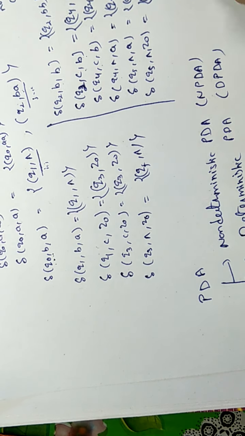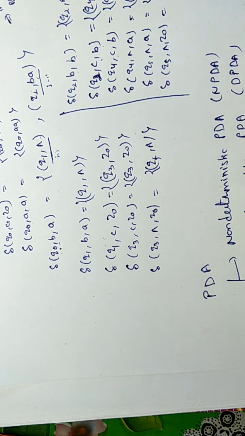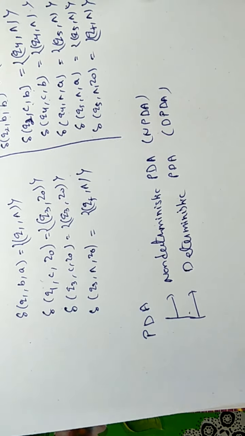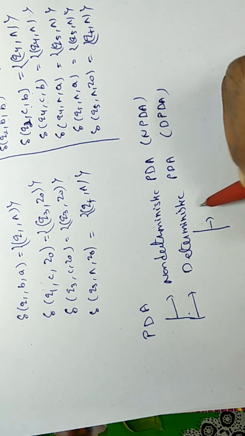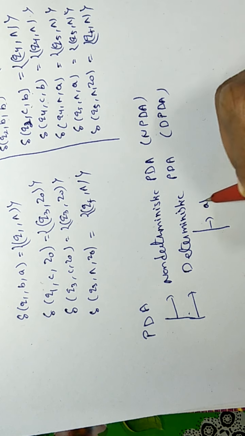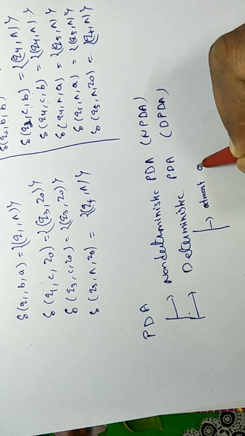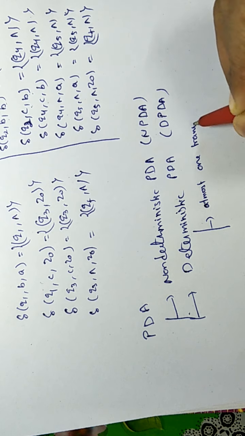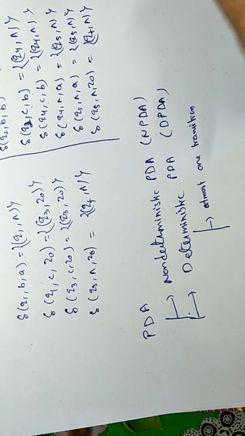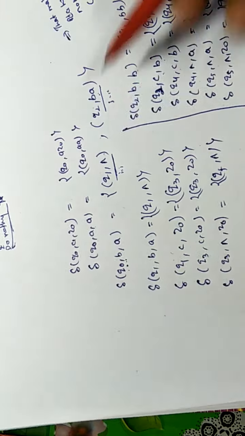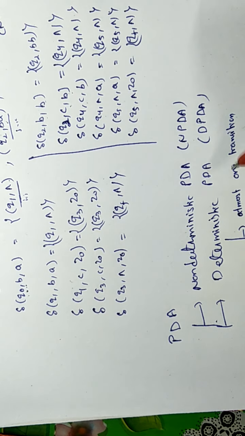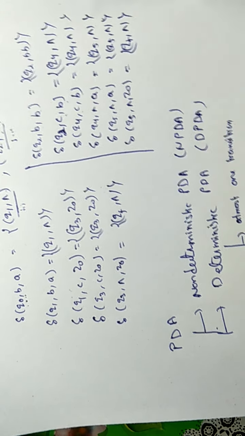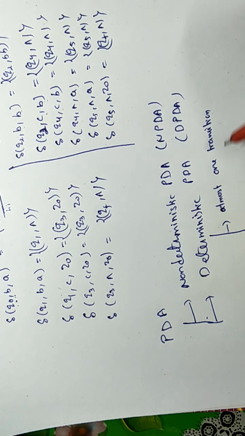You can identify that if there is more than one choice, then the PDA will be an NPDA. And a deterministic PDA has two properties. First, at most one transition is allowed. There will be no more than one choice. Here we have two choices in NPDA. In DPDA there will be at most one transition.